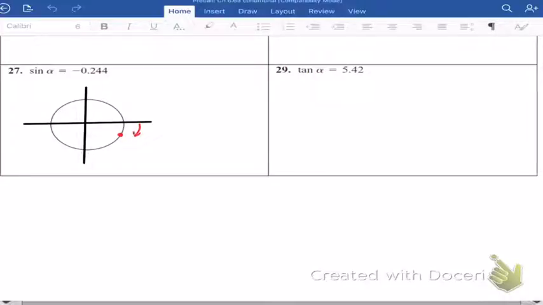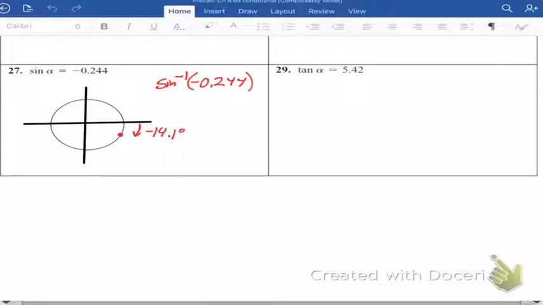If you did the sine inverse of negative 0.244, I don't remember exactly what it was, but it was something like negative 14 point what?